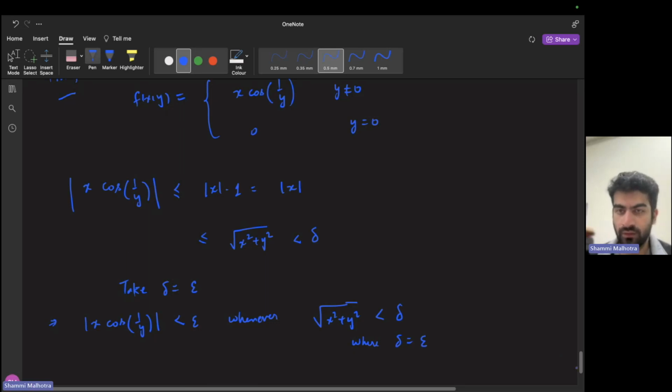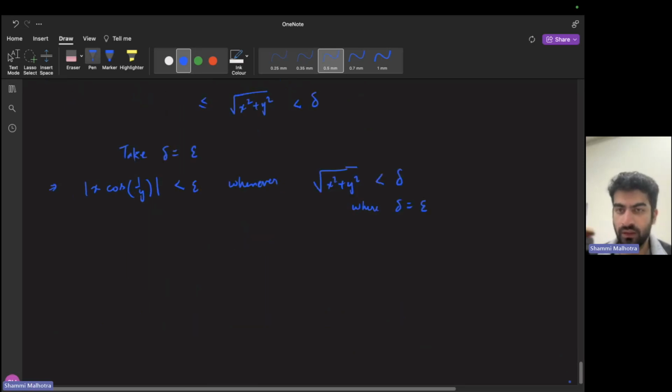So with the epsilon-delta definition, the double limit exists and is equal to 0. So we have the limit as (x,y) tends to (0,0) of x cos(1/y) exists and is equal to 0.